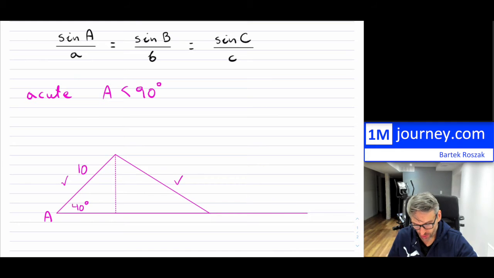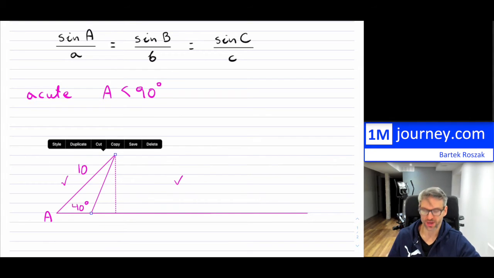Where the ambiguity comes in is when this side is longer than this height but shorter than the length 10. If it's shorter than that but longer than the height, notice what's going to happen. If I swing it in this direction, I'm going to create a little triangle there.